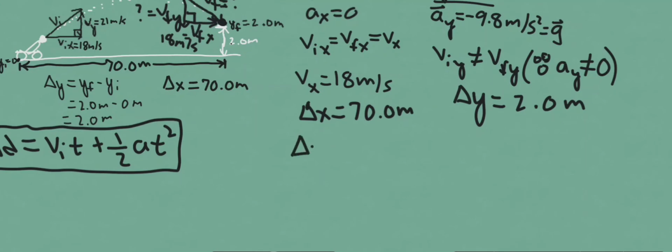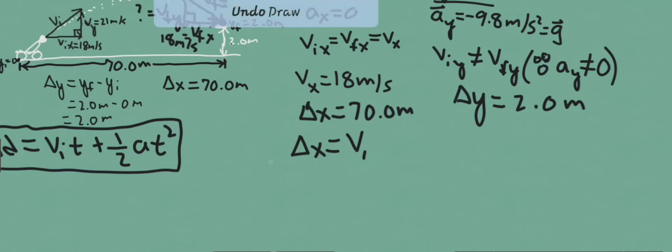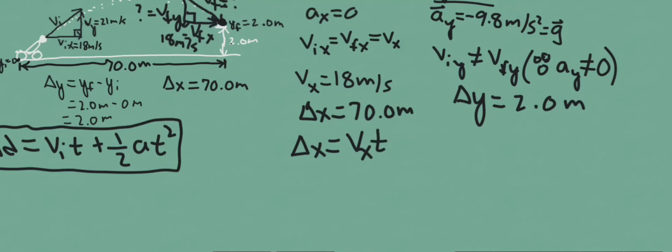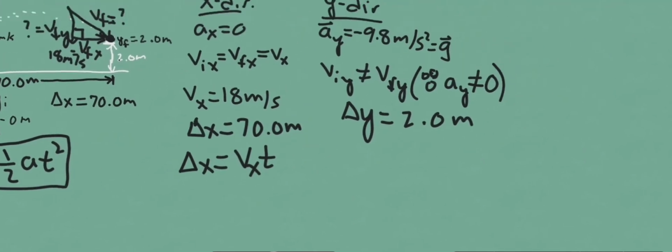That's the only reason why delta x in the x direction is always just the velocity in the x direction times delta t, since initial and final velocity are the same. Understand? So if you wondered why it's always that equation, it's because, based on this kinematic equation, since acceleration in the x direction is always 0, we don't have this term and we're just left with that.